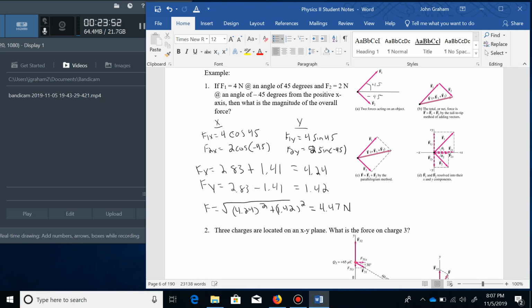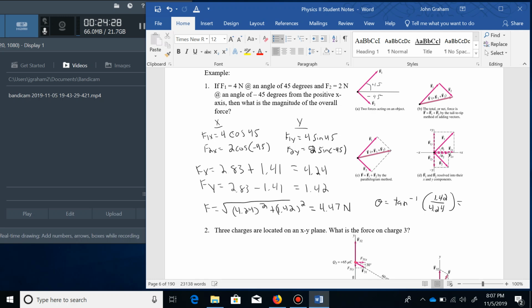And so this is our force in our coordinate system. So it's 4.47 newtons overall. The angle is again inverse tangent of y over x. So y is 1.42 and x is 4.24.